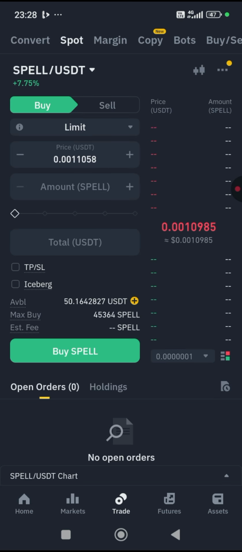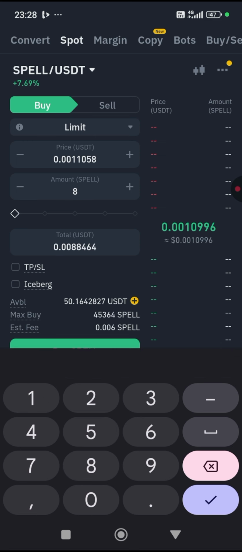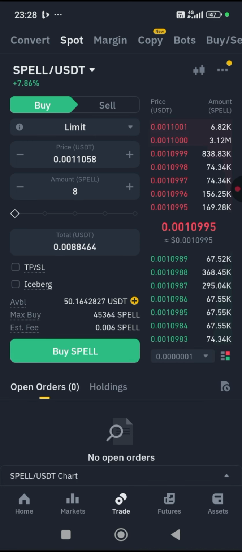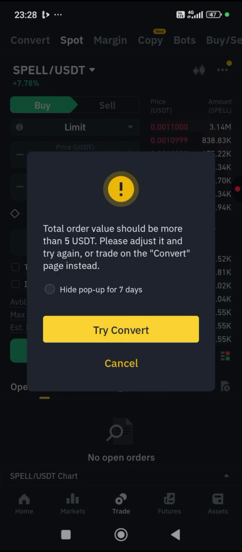So when you come to spot here, you see that if I input $8 here, the trade will not go. The reason is that I have to have above $10 for us to trade on spot. You see, total order value should be more than 5. Please adjust it and try again.